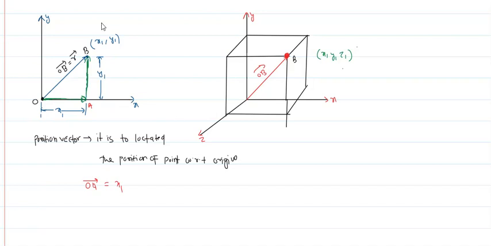To represent the direction of the x-axis, we use i cap. So this is the vector OA, whose magnitude is x1 and direction is along the x-axis.